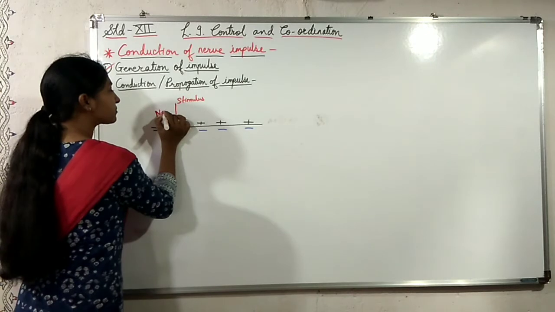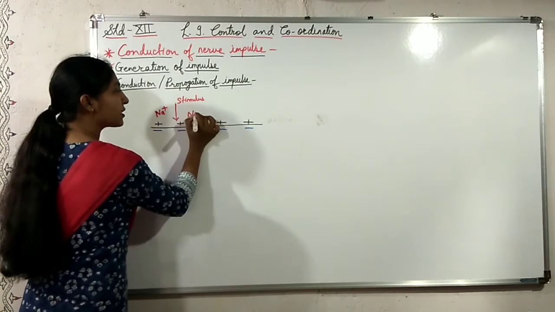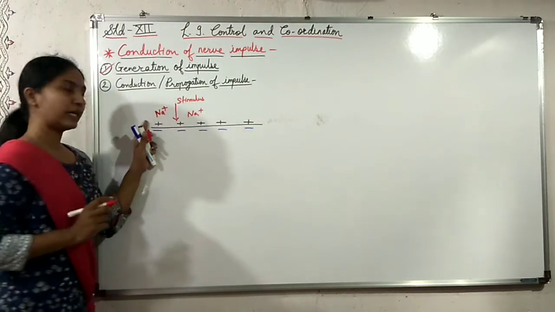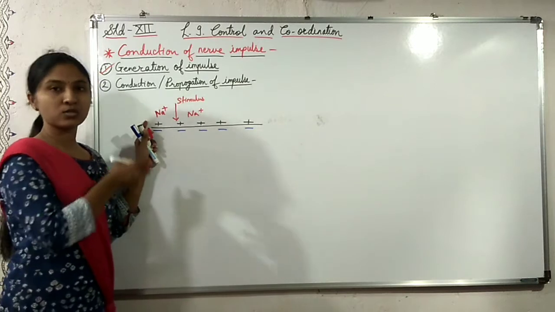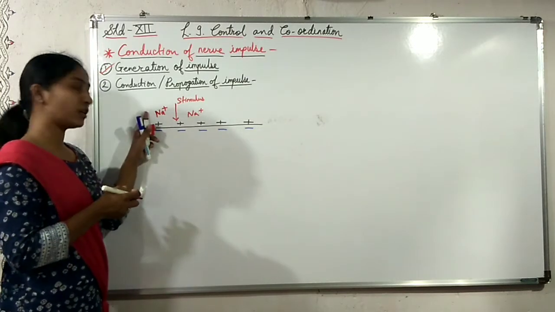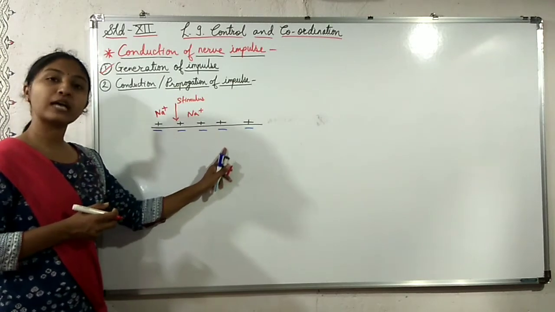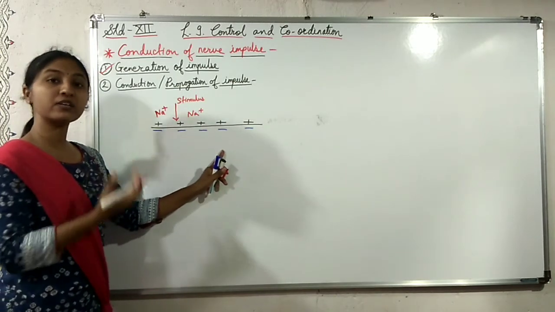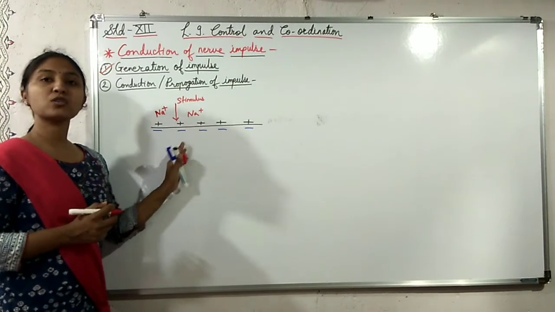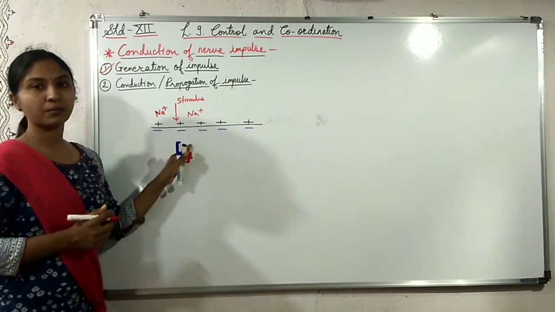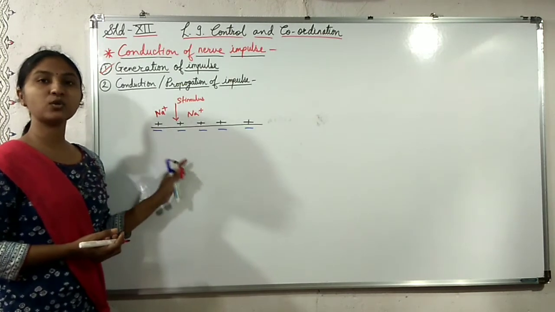Now here sodium ions are present outside. The electropositive charge outside the membrane is because of the sodium ions, and the electronegative charge on the inner side of the membrane is because of the negatively charged proteins present inside the neuroplasm.